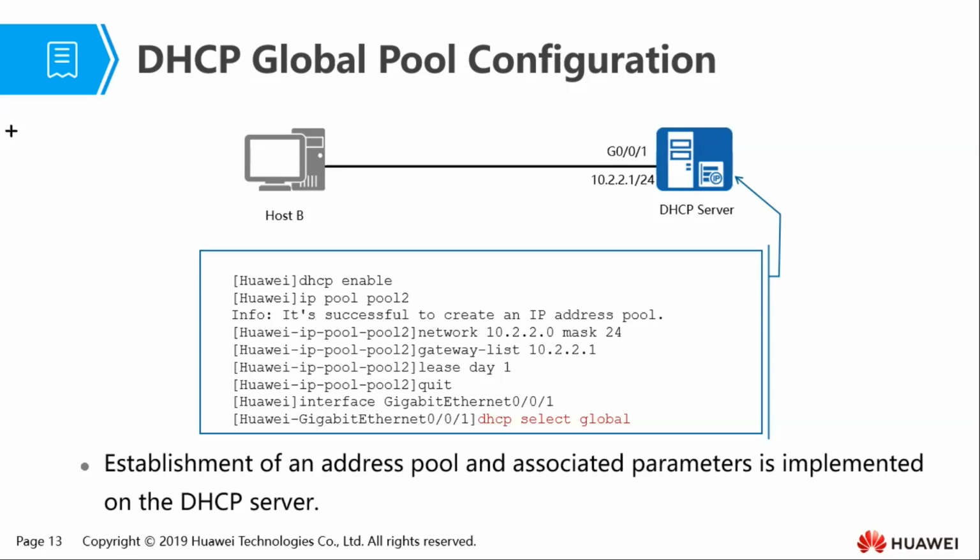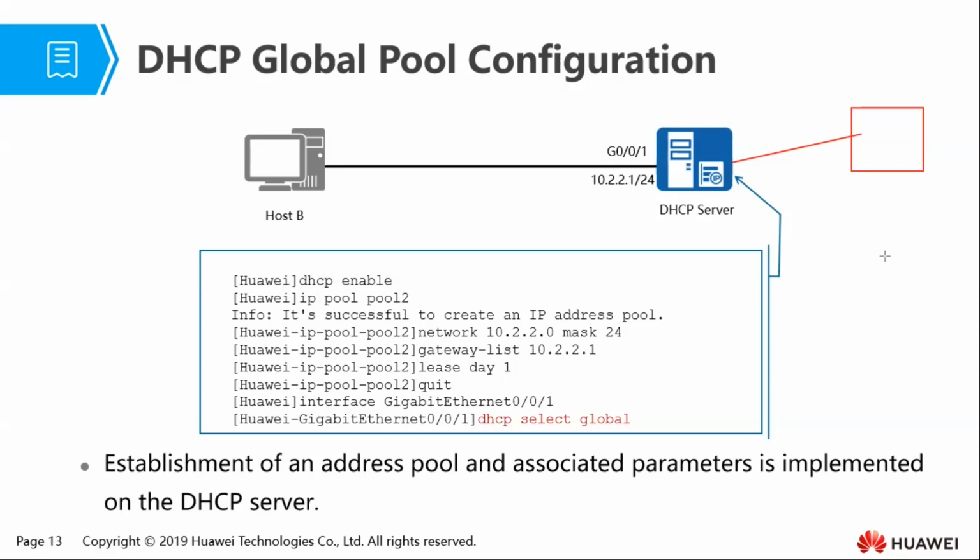So back to the question that Benson had actually asked. If you've configured a global pool on your DHCP server, how will these other guys on different network segments be able to communicate with the DHCP server?